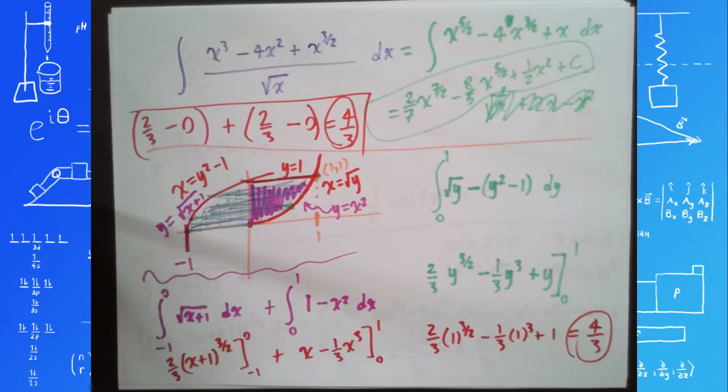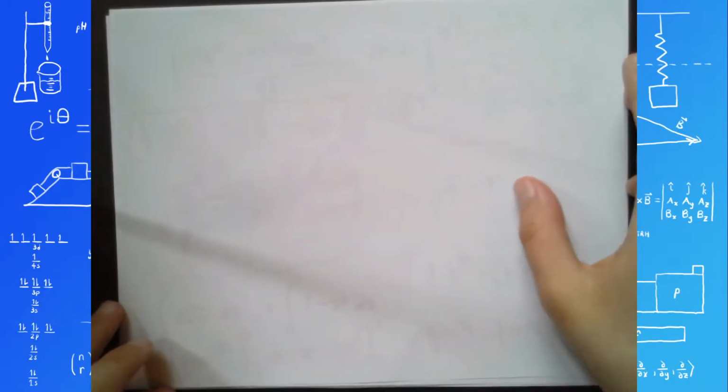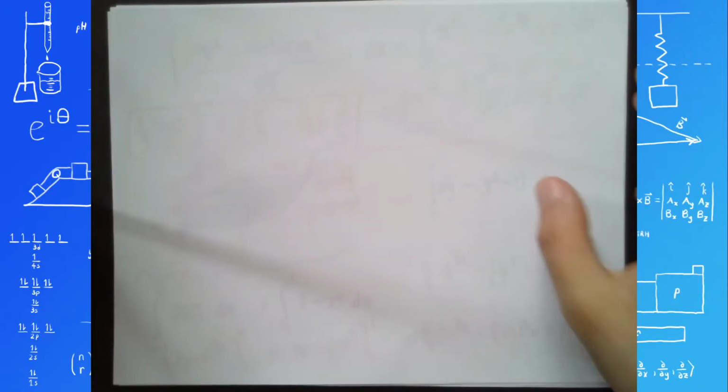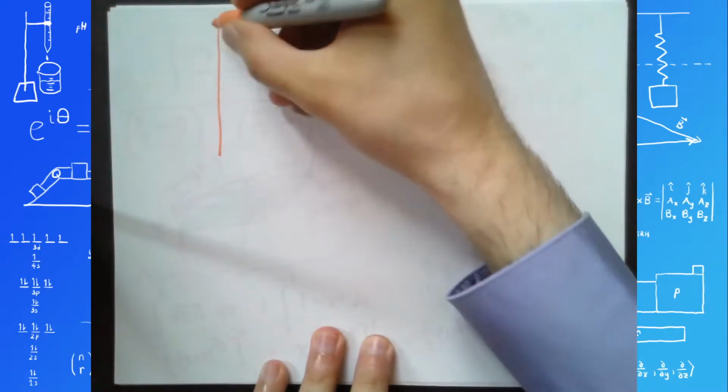Okay, let's take a look at another case. So we've got another drawing they have for us. They've drawn another curve for us here, and what do we have? We have a pair of parabolas.